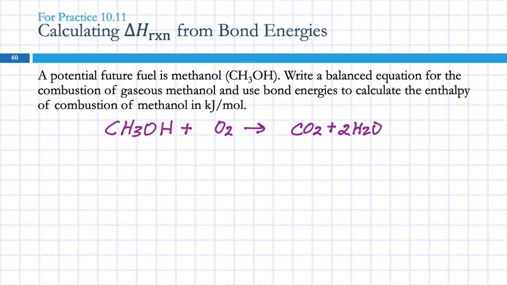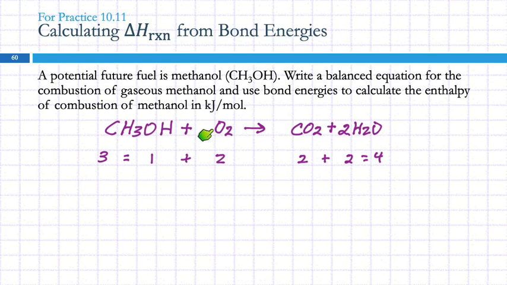And then there's literally oxygen everywhere. So we've got 1 oxygen there, and we've got 2 here, and we've got 2 and 2. So we've got a total of 4 over there, and 3 on this side. We don't want to change the subscript on methanol because that'll mess up the hydrogens, and we have to basically start all over.